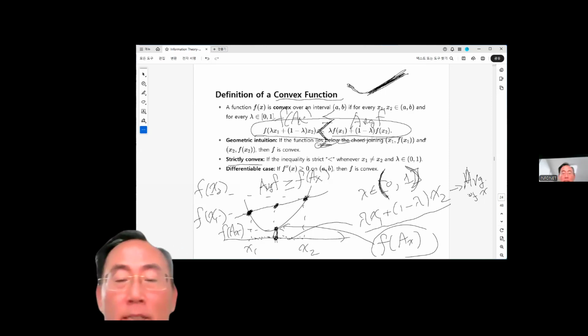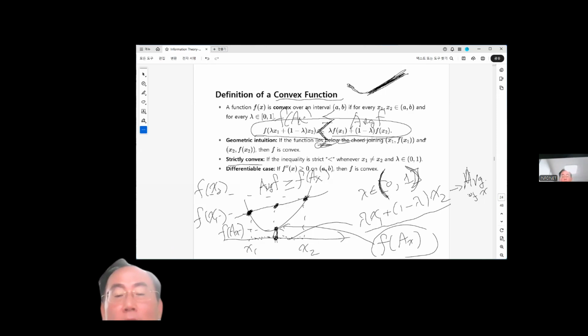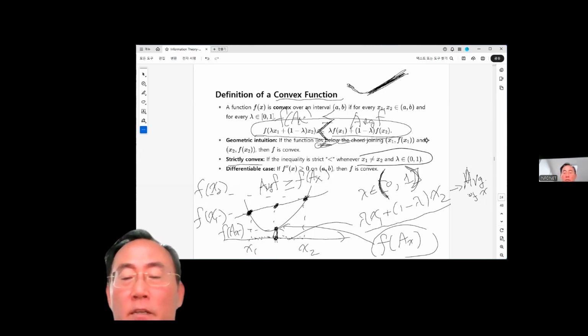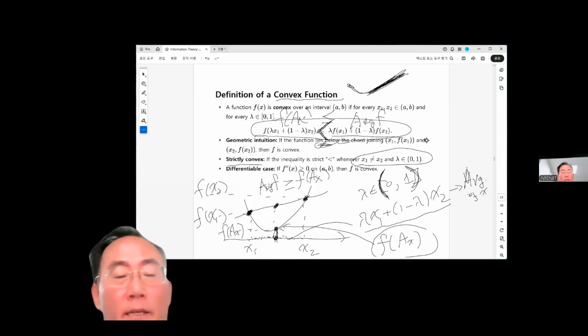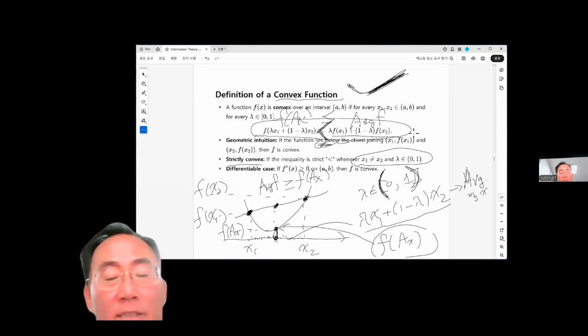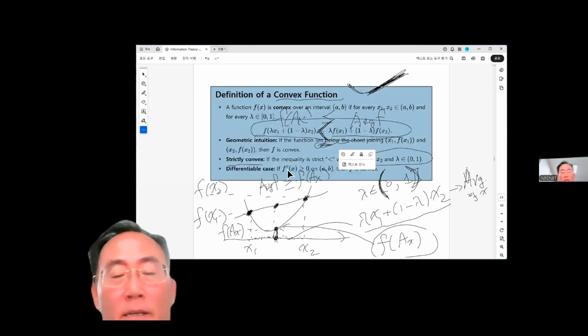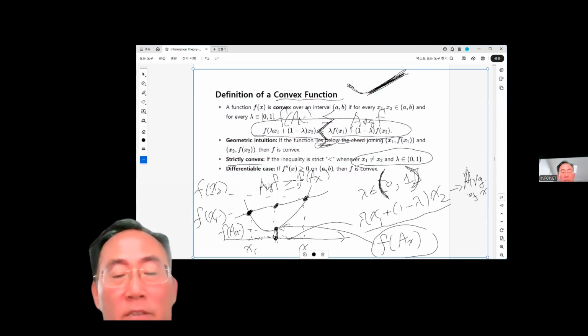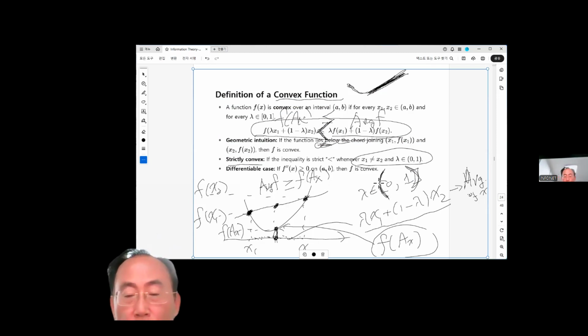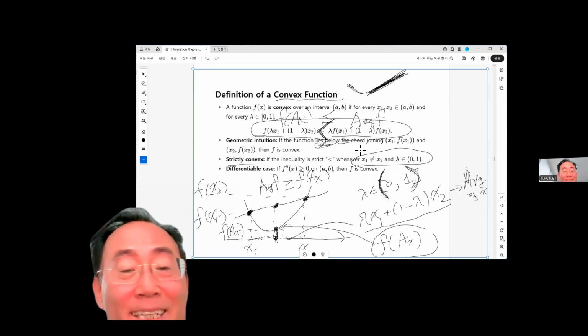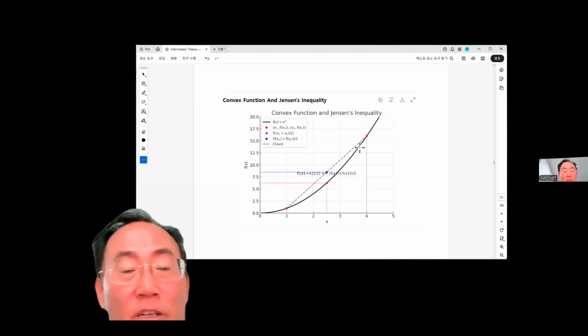Okay, that's it, right? And that is this condition right here. And then there is a strictly convex case. And then if it is differentiable, then if you take the derivative twice, that should be greater than or equal to 0. Okay, then f is convex. All right, so that's the definition of a convex function.